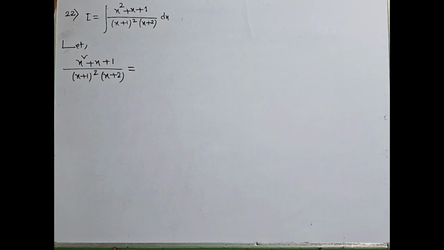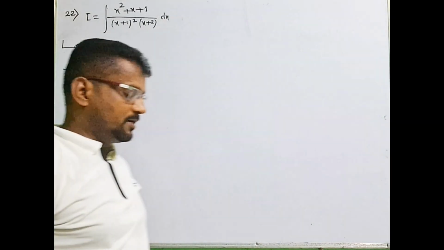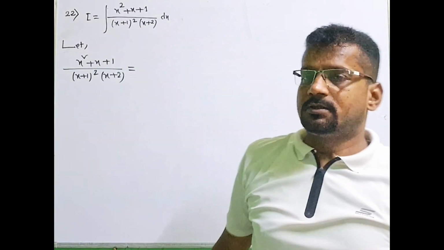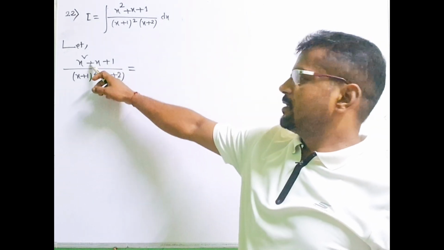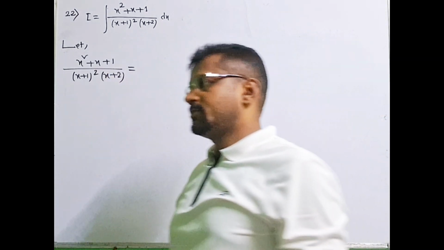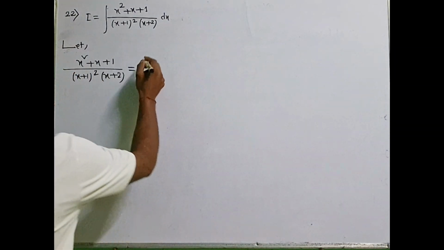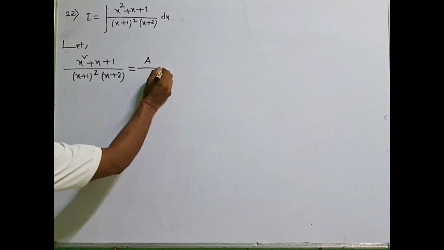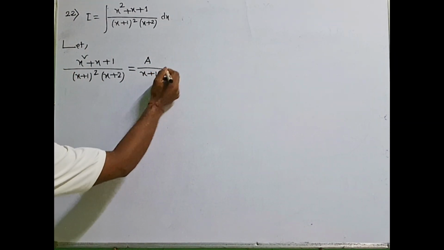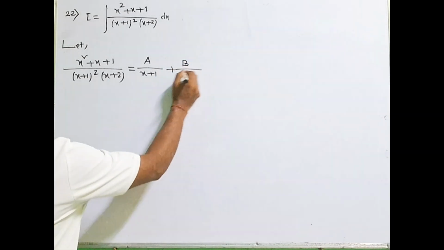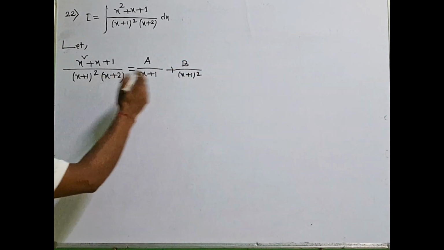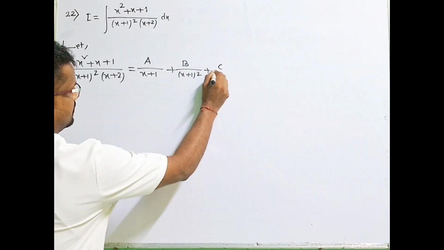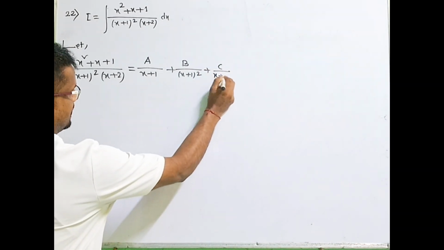First of all, check whether it's a proper rational function or not. Yes, it's a proper rational function because the degree is 2 in the numerator and 3 in the denominator. So how to assume? You have to assume A over x plus 1, plus B over (x plus 1) whole square, plus C over x plus 2.